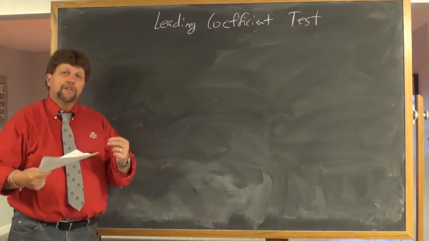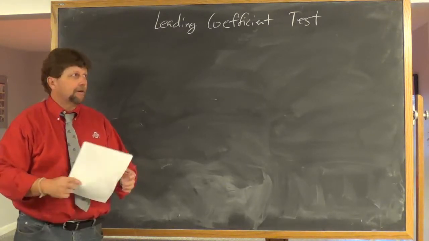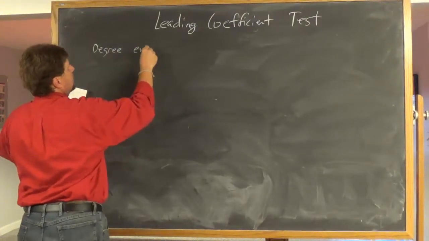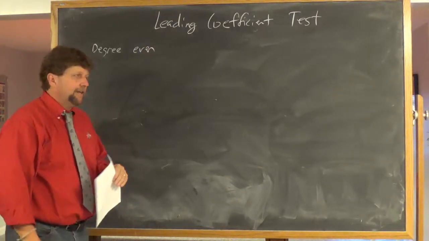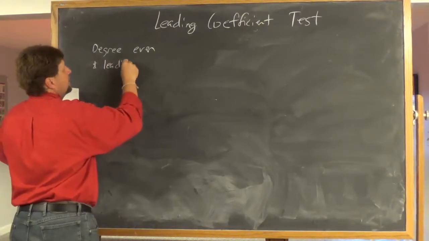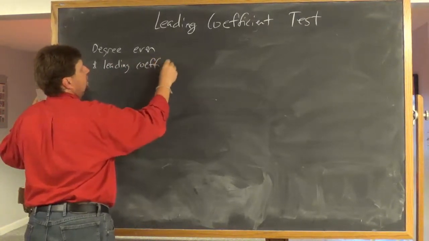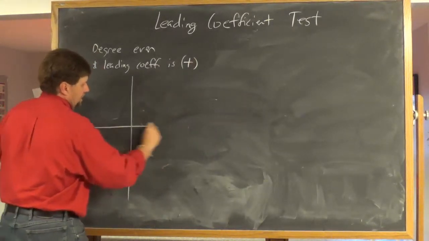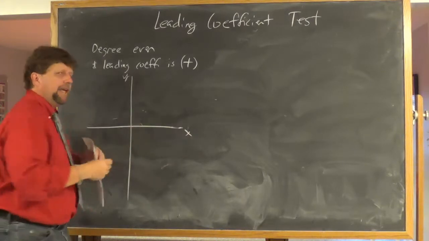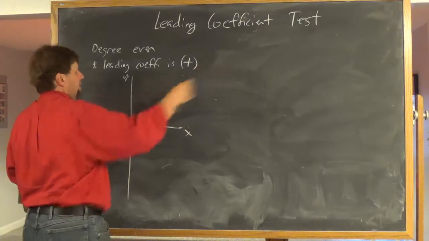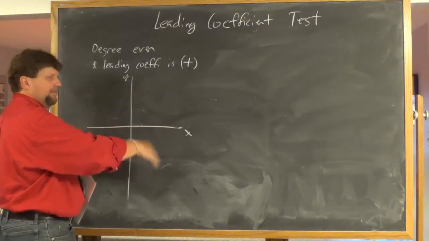Let's look first if the degree is an even number. If the degree is even, so if you have an even degree, and the leading coefficient is positive, then the end behavior of the graph, and when we say end behavior, we're talking about the far extremes of the graph, not what's happening in here.